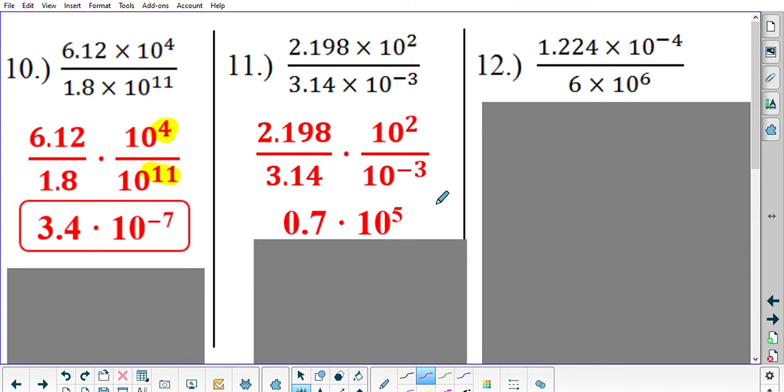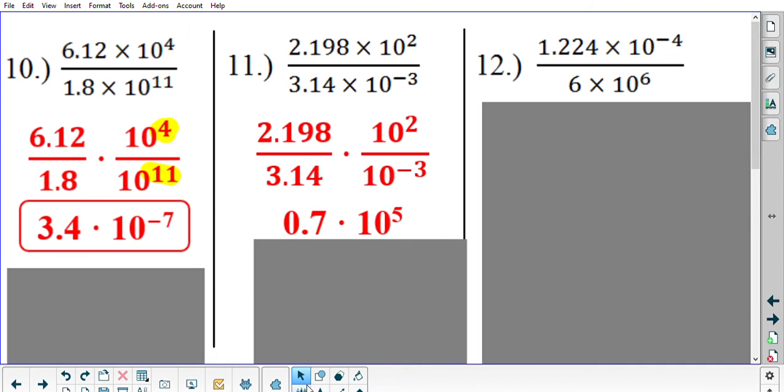But how did I get that? Because I'm going to do 2 minus negative 3. And when you do 2 minus negative 3, subtraction is the same as adding the opposite. That's why this becomes 10 to the positive 5th power. So a little review there on whenever you subtract by a negative, it's the same as adding a positive.